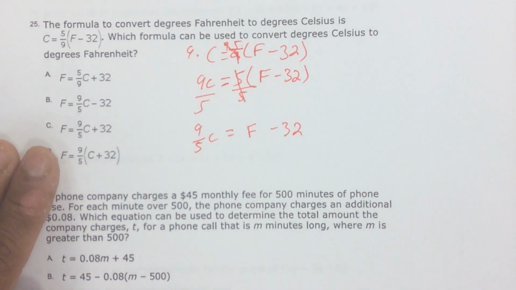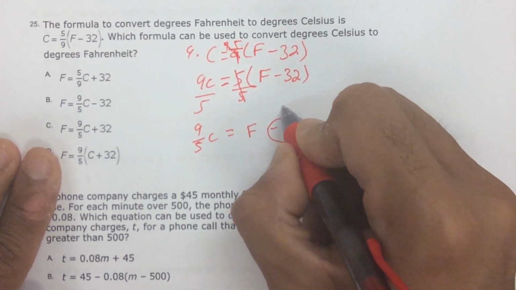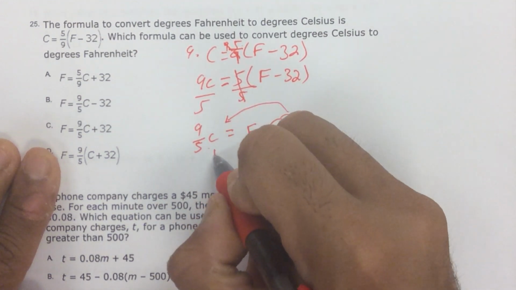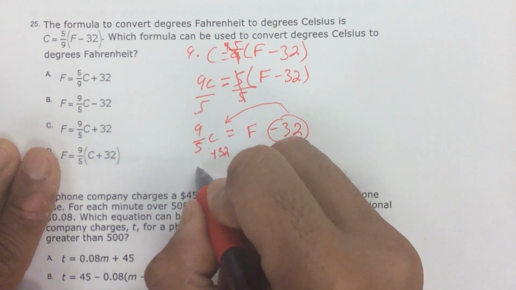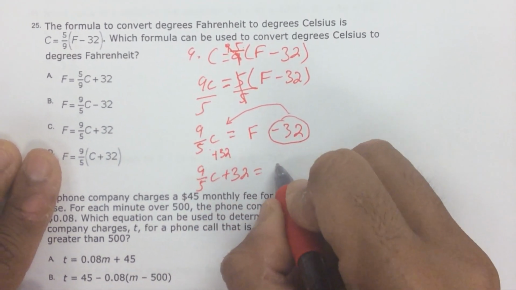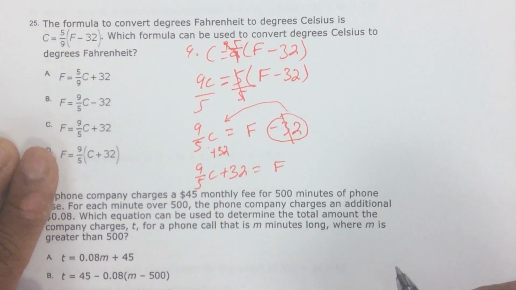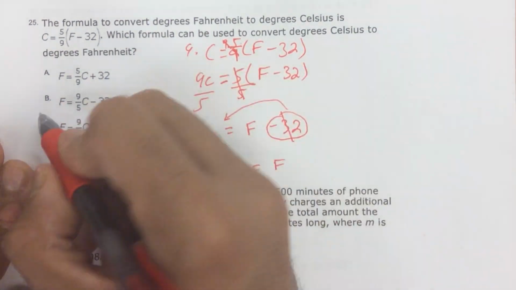Now obviously we're not multiplying anything with f minus 32, so the parentheses just go away. Now the opposite of a minus 32 will become a plus 32. Obviously this is a variable, this is a constant, can't combine them, so I'm going to do 9/5 c plus 32 equals f, because this 32 is gone. So if you match up, your answer is C.